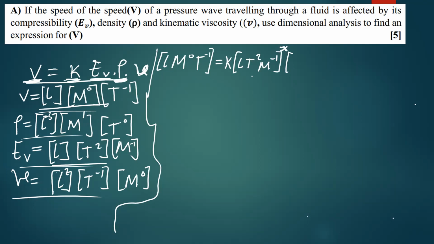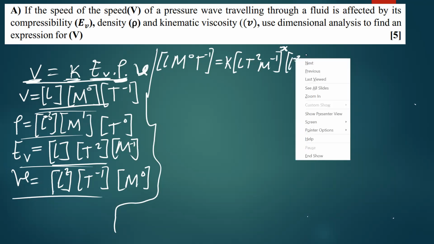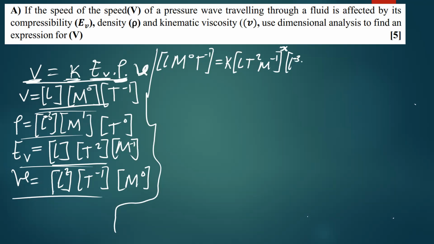Then for density, I'll do the same. I'll write the dimensions for density, which is L to the power -3, and then M1 and T0.